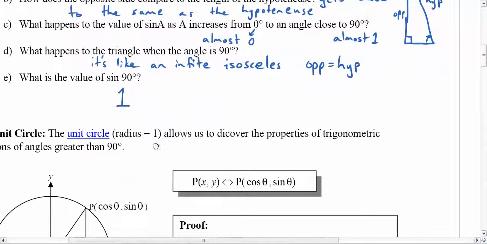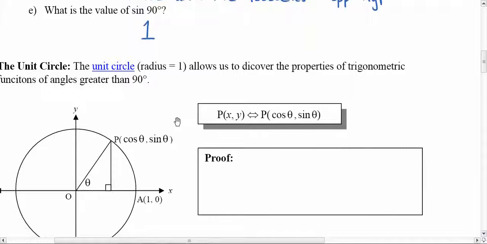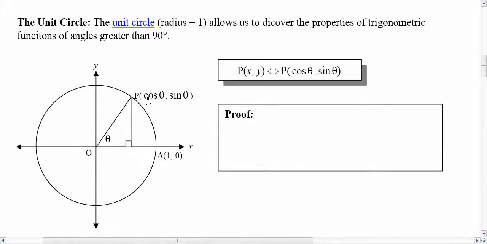And if we plot angles on the unit circle, this will help us to figure out trigonometric functions for angles that are bigger than 90, where we can't make a triangle. Now, a really cool and useful fact is that if you're on a unit circle, then cosine is the same as the x-coordinate, and sine is the same as the y-coordinate on a unit circle.